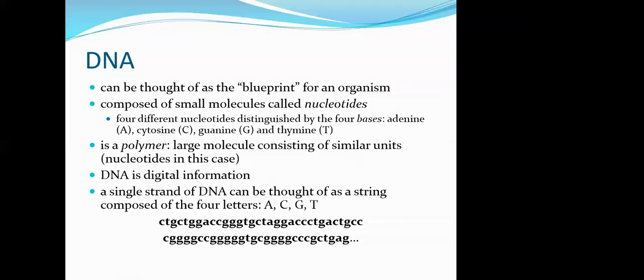If there's a change in one of these base pairs, then when it's being read in the ribosome, instead of CTG, if T is removed, this is going to be CGC. That change in a single amino acid is referred to as a missense mutation.